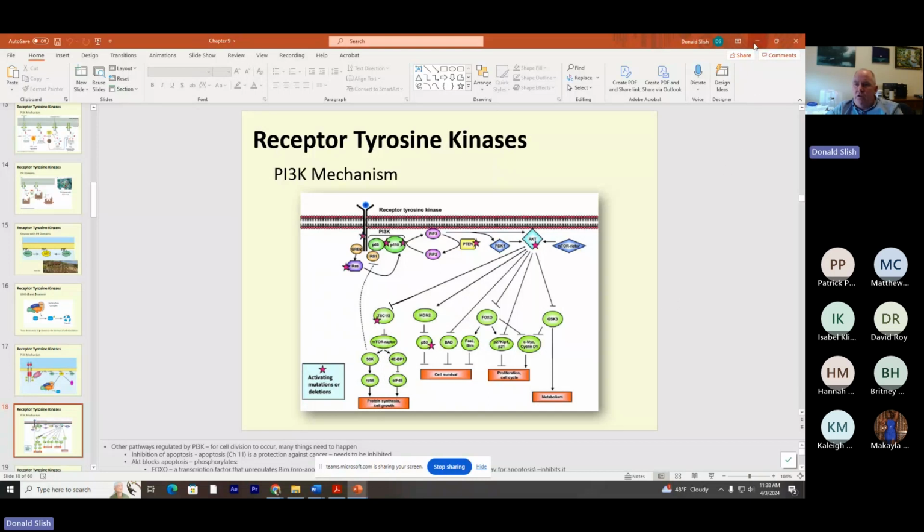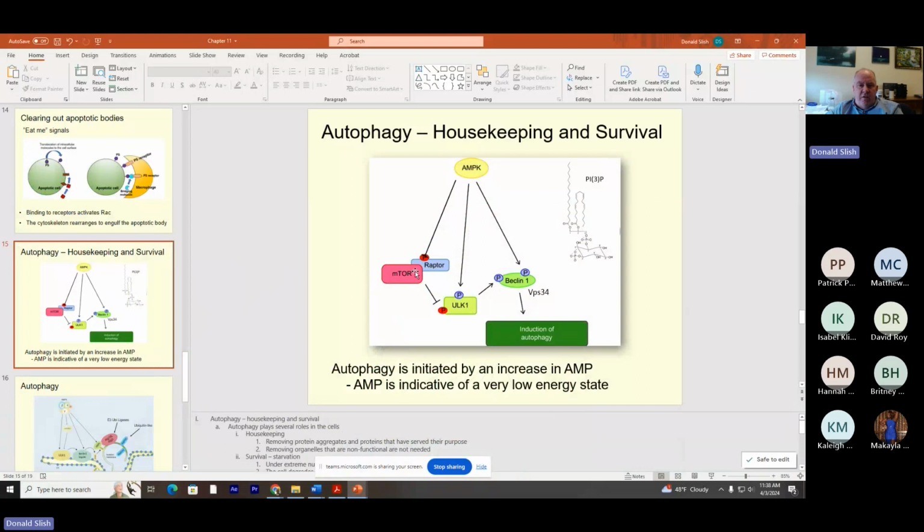When the cell is starving, we don't want pro-growth signals going on. So AMPK will phosphorylate mTOR, it'll come off the mTORC complex and become inhibited, so we'll stop that pro-growth pathway.